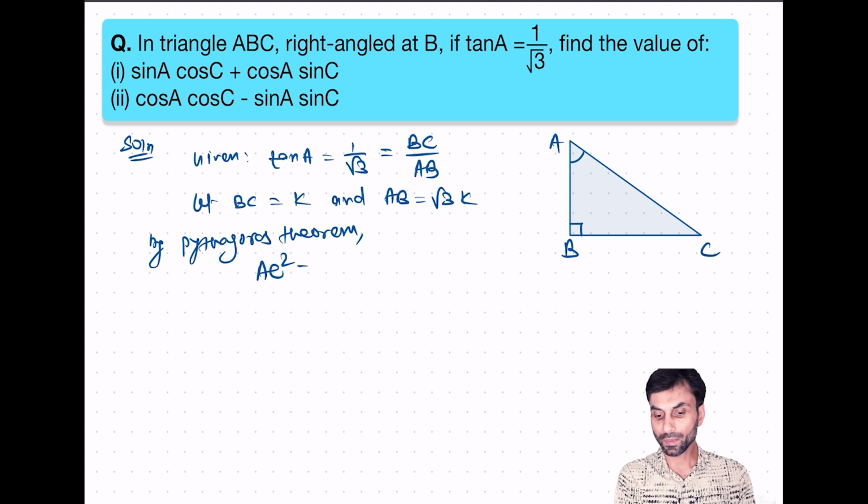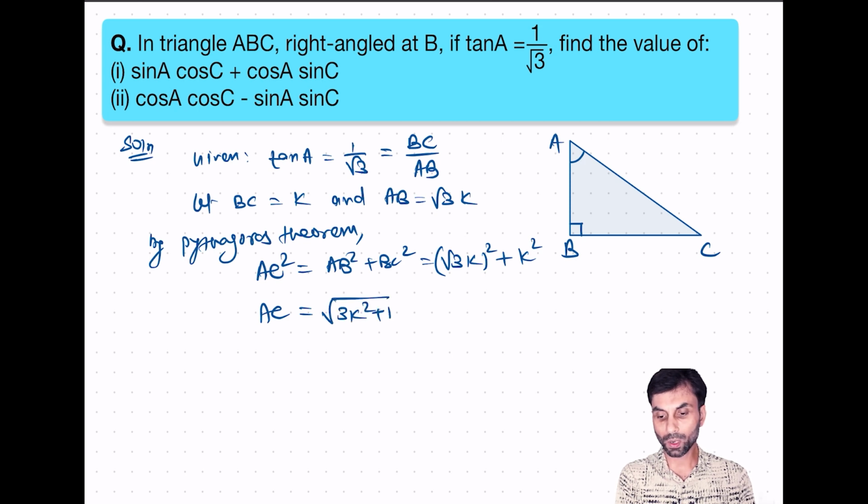So AC square will be equal to AB square plus BC square, which we can write as root 3K whole square plus K square. On solving, we'll get the value of AC as square root of 3K square plus K square, which is equal to root 4K square, and that is 2K.